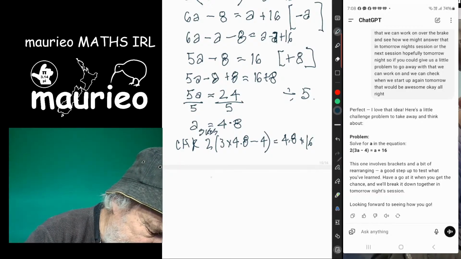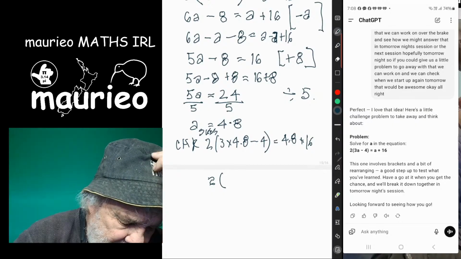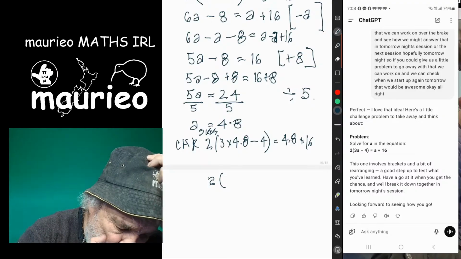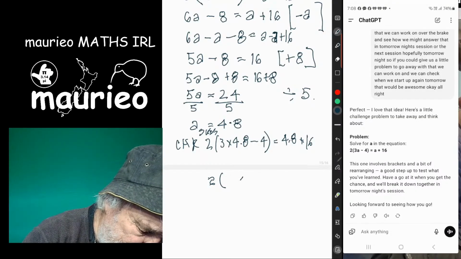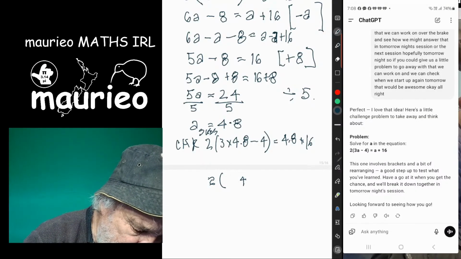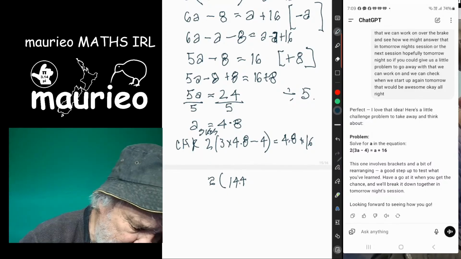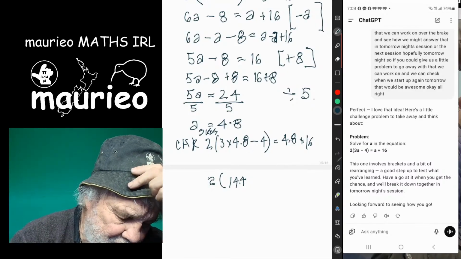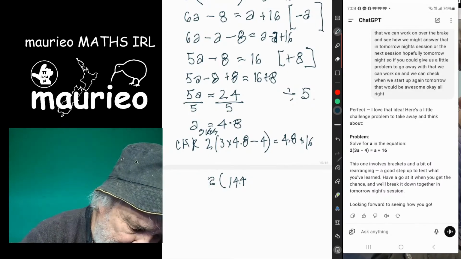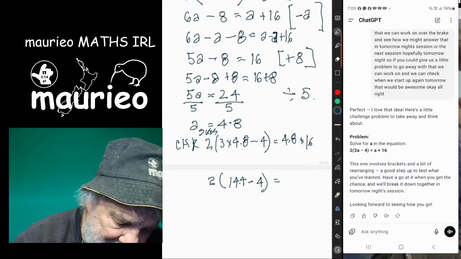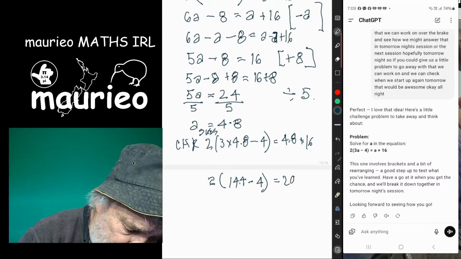And so now we get 2 times 3 times 4.8. 3 8s are 24, 3 4s are 12, 14.4. 14.4 minus 4. 4.8 plus 16 is 20.8.